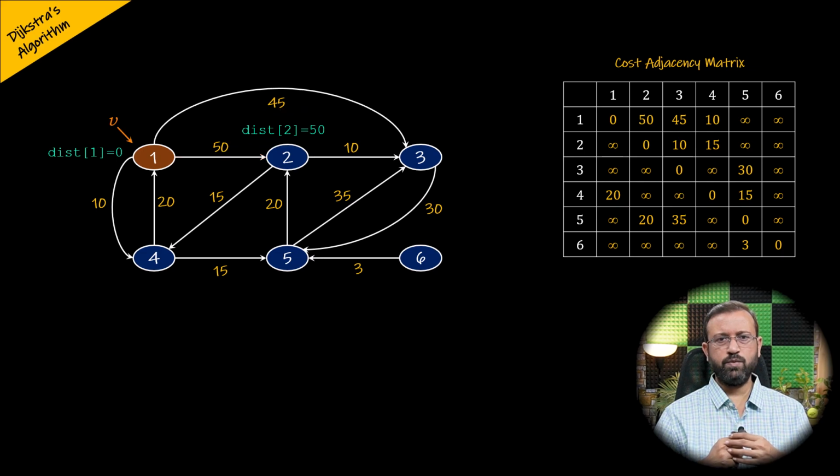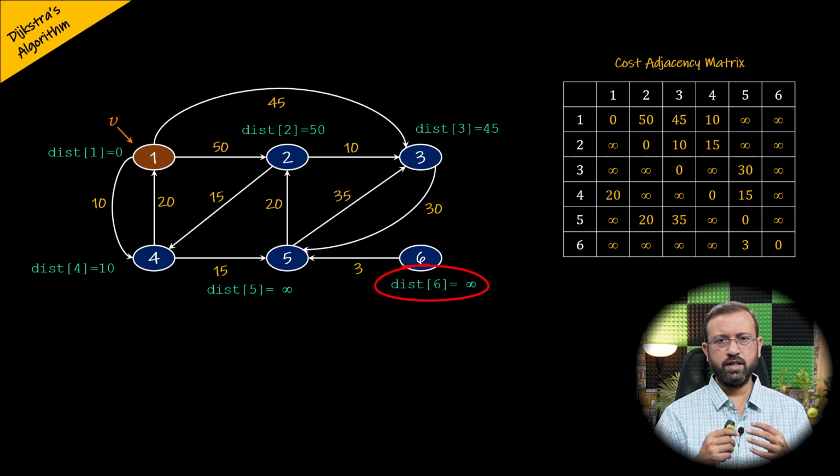The distance of vertex 3 will be the cost of the edge from vertex 1 to vertex 3, which is 45. The distance of vertex 4 will be the cost of the edge from vertex 1 to vertex 4, which is 10. The distance of vertex 5 will be infinity since there is no edge between vertex 1 and vertex 5. And finally, the distance of vertex 6 will also be infinity since there is no edge between vertex 1 and vertex 6.